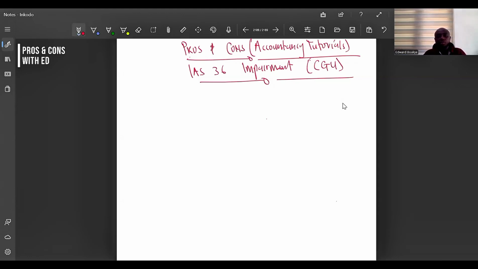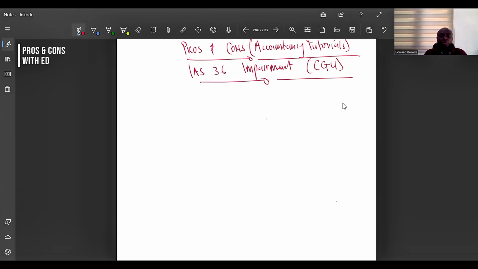As we may be aware, we started our session on IAS 36 impairment during our last video, and we promised to continue with impairments on a cash generating unit. Now, in our last edition, we made mention that impairment is where your carrying amount is higher than your recoverable amount.